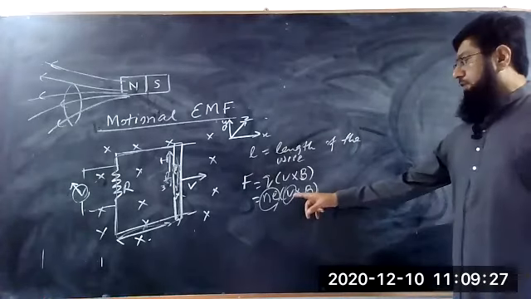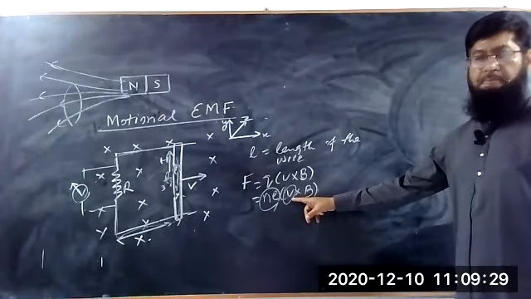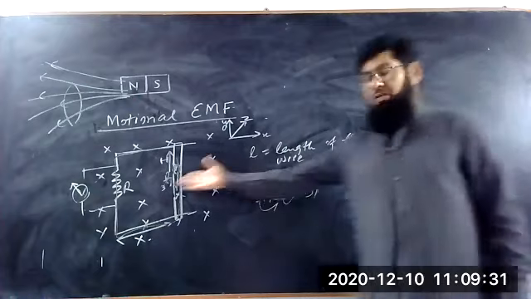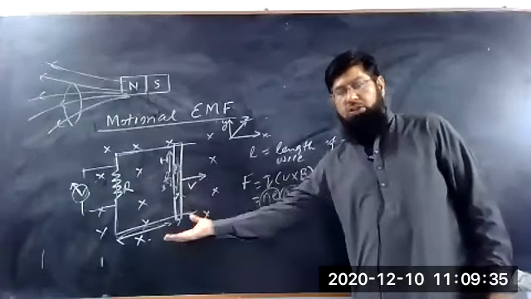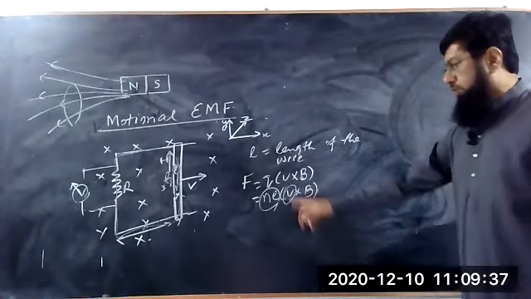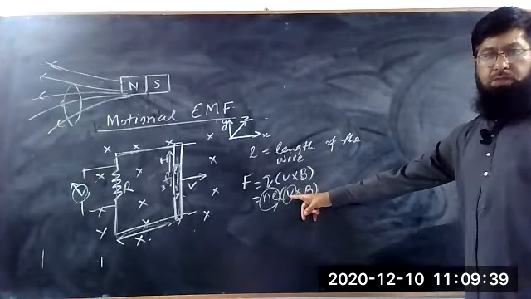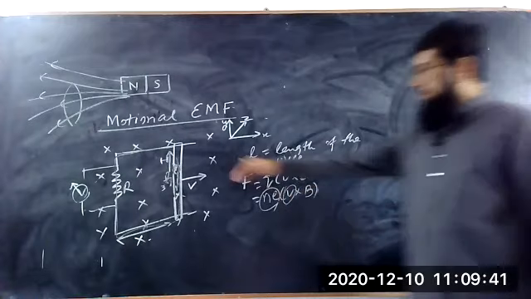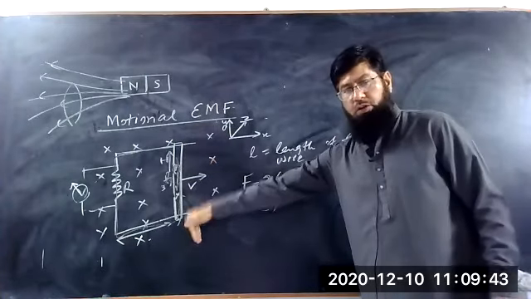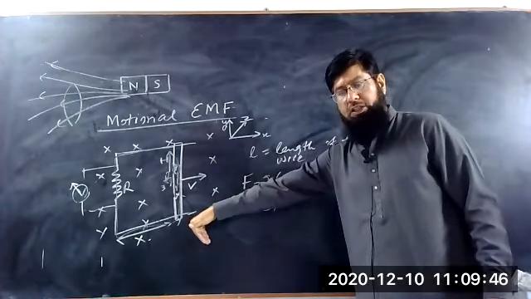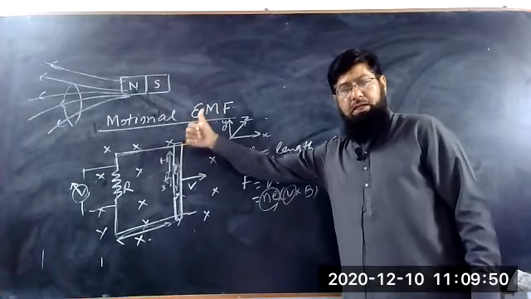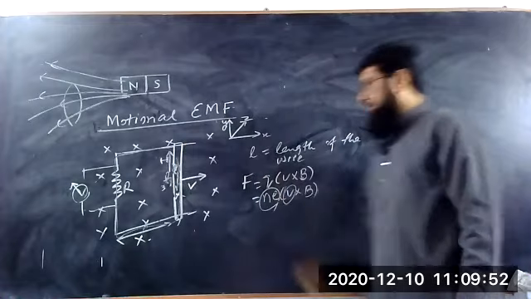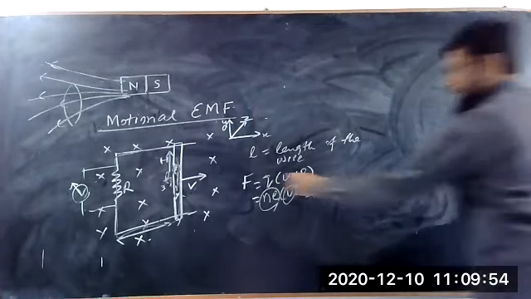If the velocity is 0, the force is 0, there will be no current and no induced EMF. The induced EMF is only produced when the wire is in motion. If it is in motion, it will experience a force in the downward direction. Therefore the current direction is upward, and we call it the conventional current.